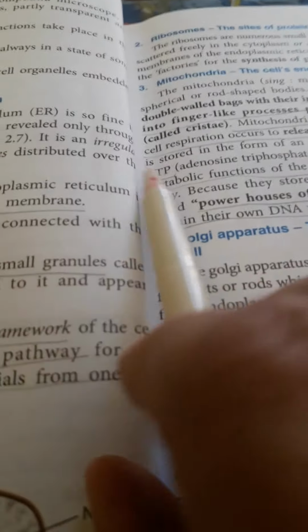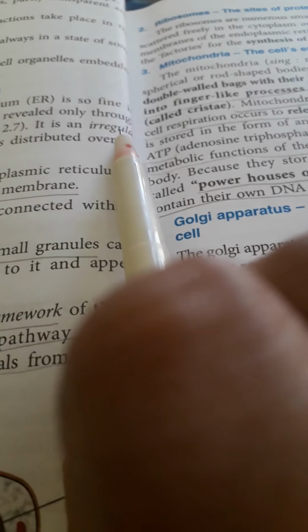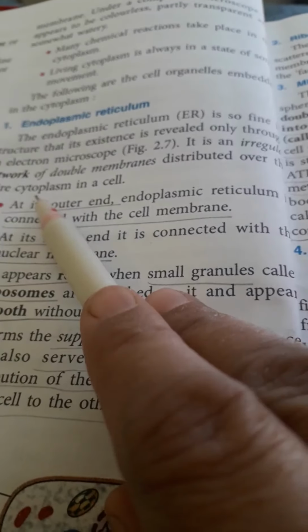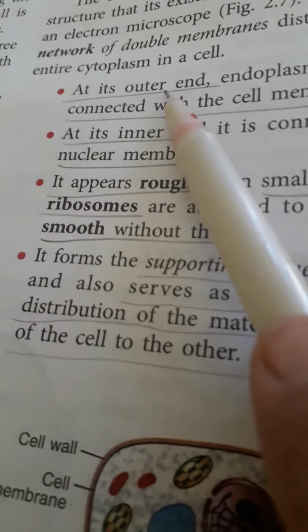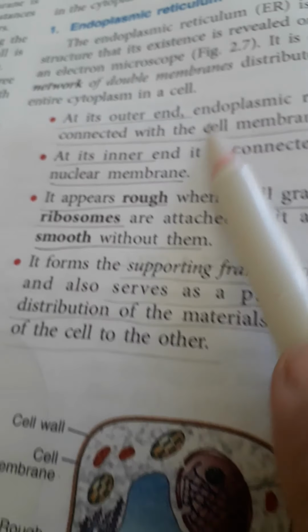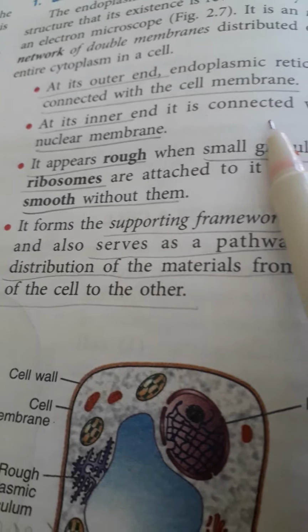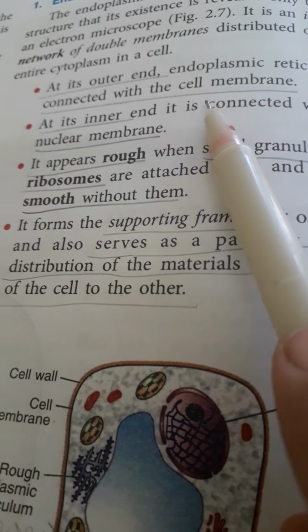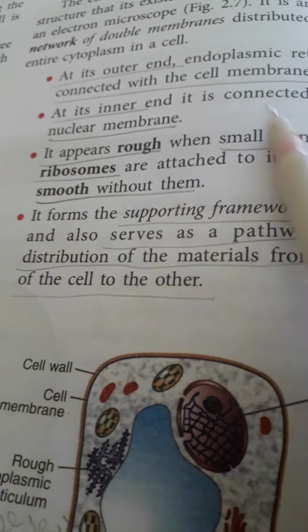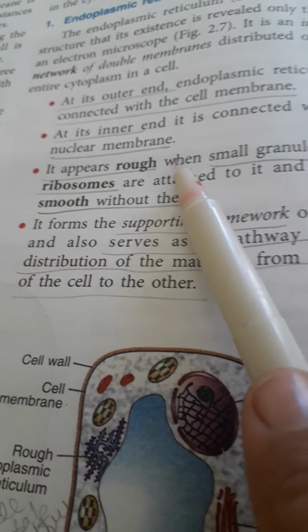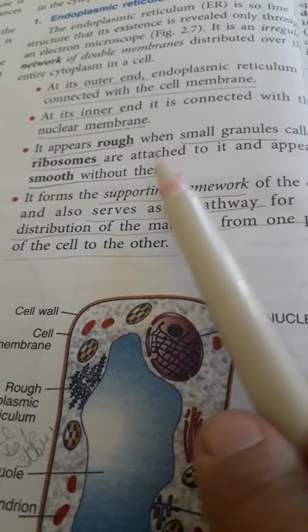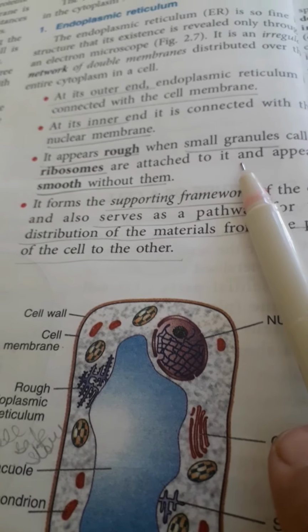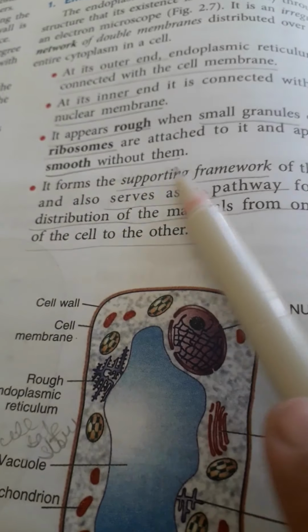As you can see in the book, it is an irregular network of double membranes distributed over the entire cytoplasm in a cell. At its outer end it is connected to the cell membrane, and the inner end is connected to the nuclear membrane. It appears rough when small granules called ribosomes are attached to it, and appears smooth without them.